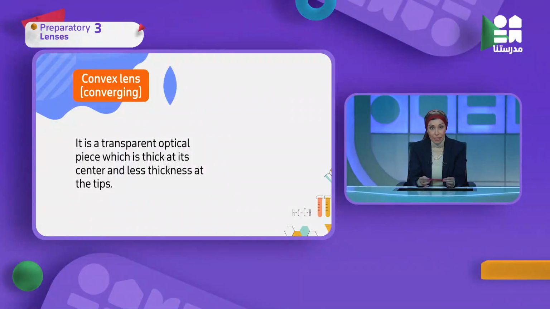Okay, so what does this figure represent? A transparent optical piece which is thick in the center. Looking at the shape in front of us, it's thick at the center and less thick at the tips. Look at the two spheres. We said before that all these optical tools come from spheres.